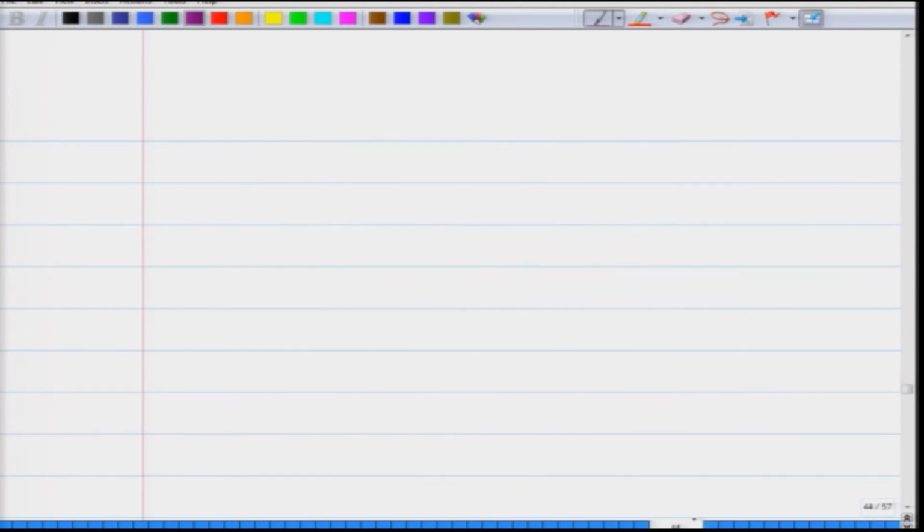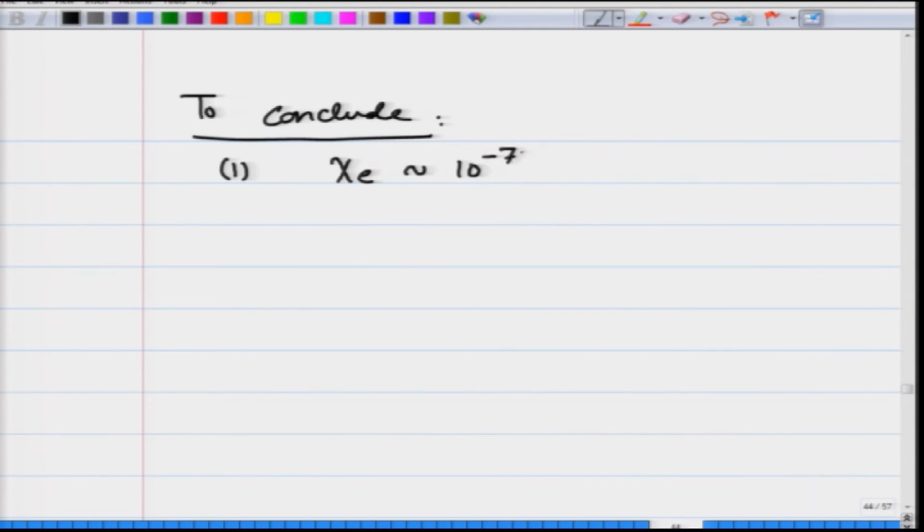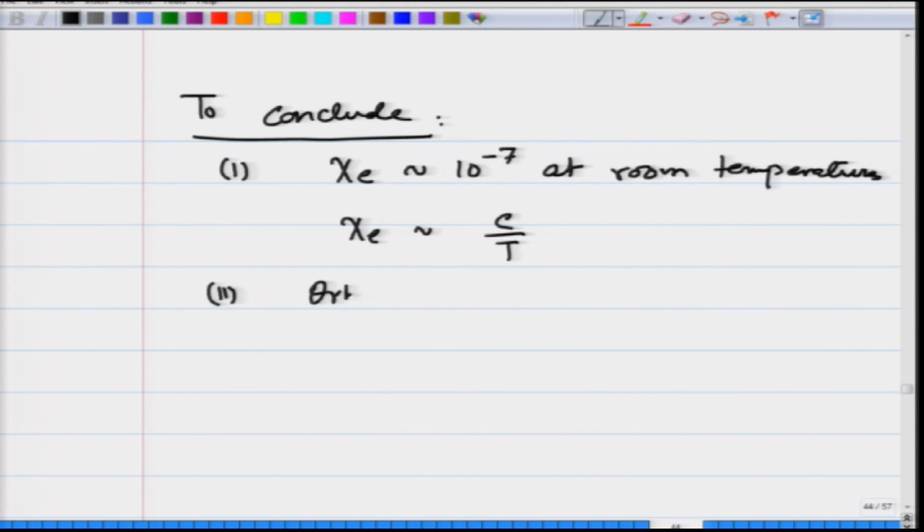So, to conclude this lecture, we have seen number 1 that chi E is of the order of 10 raised to minus 7 at room temperatures. Of course, when temperature goes down, chi E is going to go higher, because chi E varies as C over T. And number 2, orbital angular momentum is quenched.